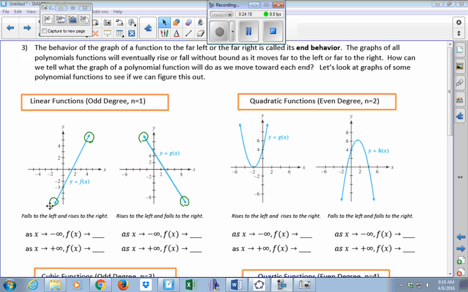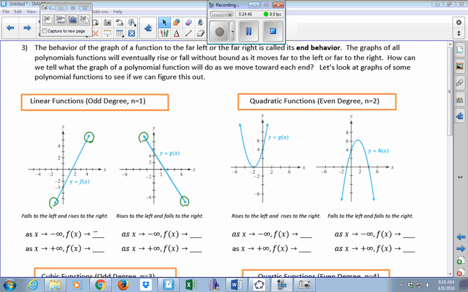Okay? So let's look at the notation now, because the notation is a little strange, but you'll get used to it. To talk about this end behavior, we're talking about the x values increasing without bound and decreasing without bound. So right here, as x goes to negative infinity, the output f of x, or what we call y, is decreasing without bound.